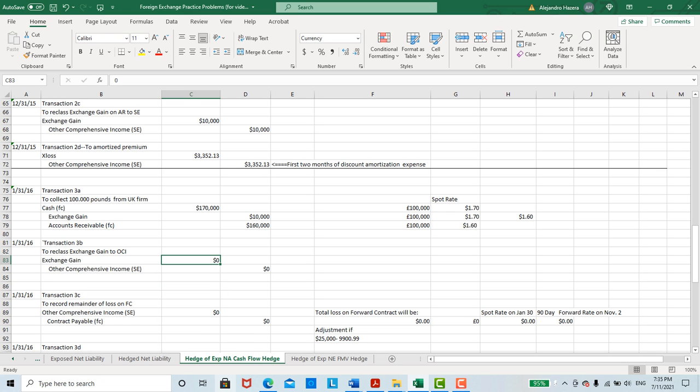Okay, so now what we're going to do is take that exchange gain, just like we did before. We're going to take this exchange gain, make it 0, and we're going to put it into OCI, other comprehensive income. Okay, but you're still sitting on, don't forget, 100,000 units British pounds.